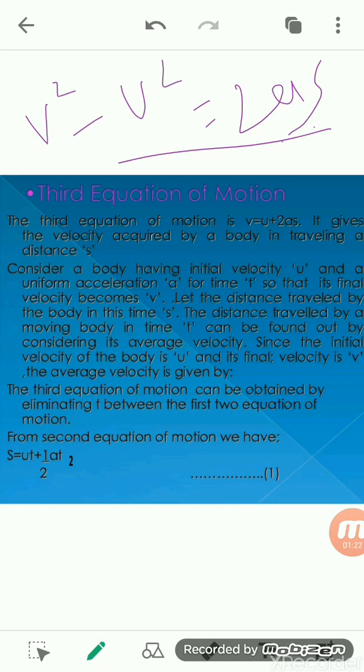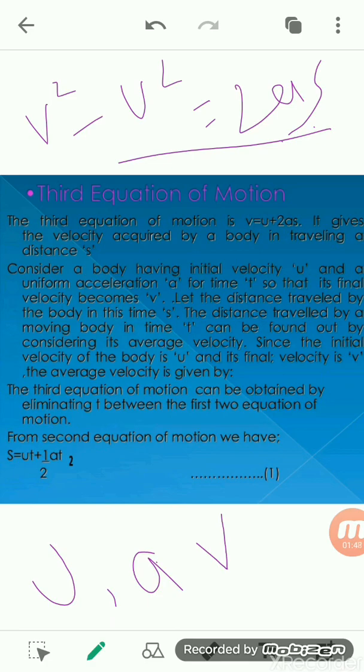So how can we derive it? Consider a body which is traveling with the initial velocity u and a uniform acceleration a, for a time t, and after traveling for a certain time the velocity changes and the final velocity becomes v.